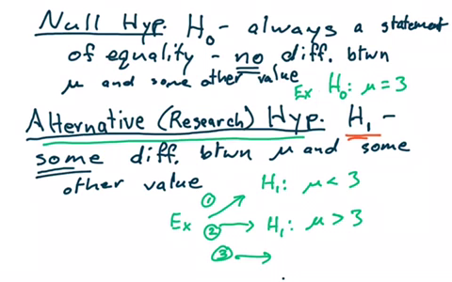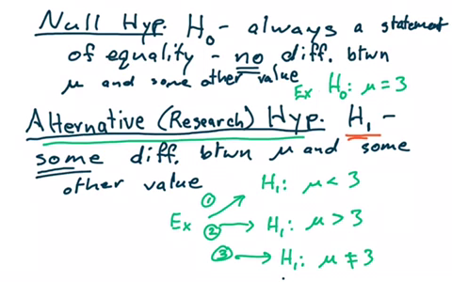And our third alternative is that mu is simply not equal to 3. I don't know whether it's greater than or less than. I don't care. I just say it's not 3.